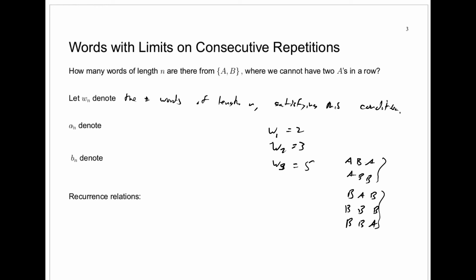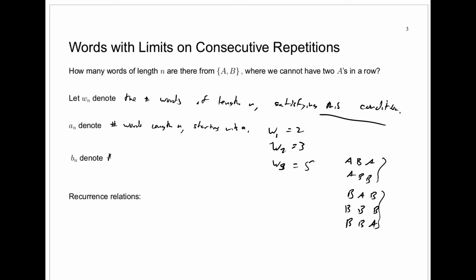So I'm going to have new notation. A sub n will denote the number of words of length n starting with A. And of course, I mean words that satisfy the condition.